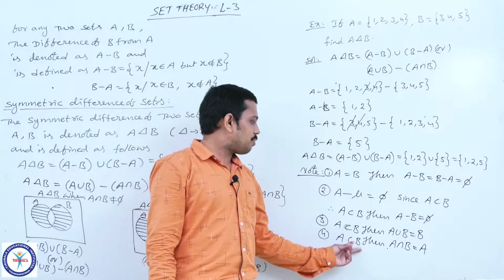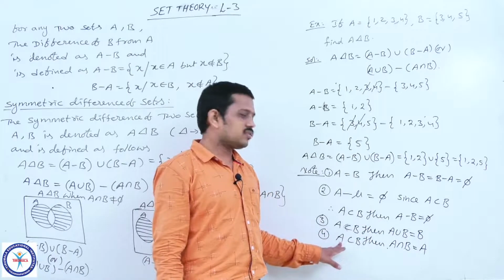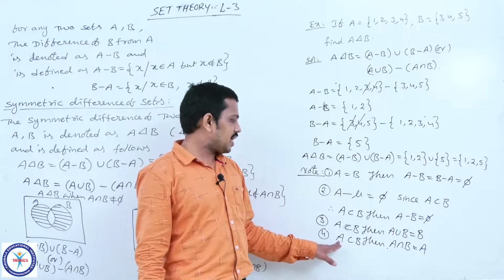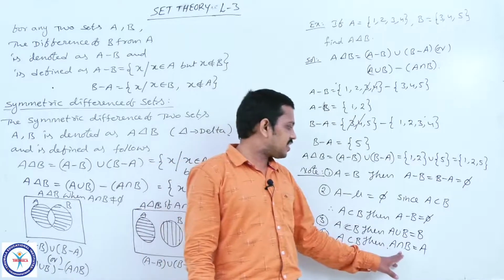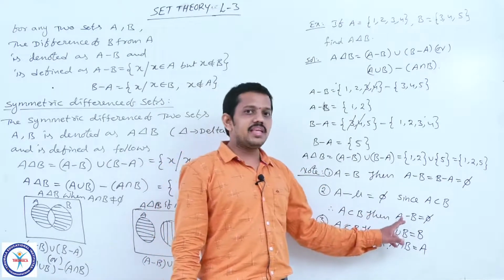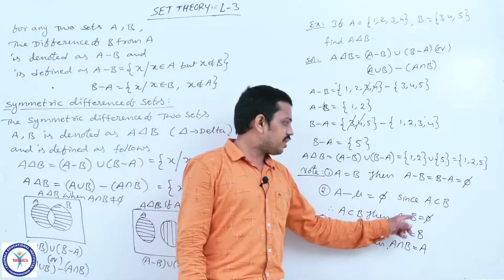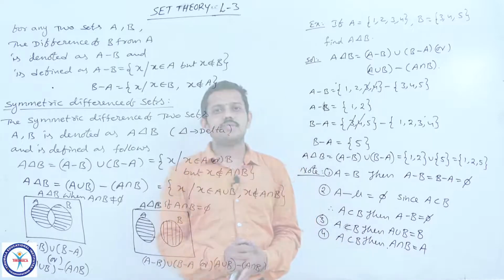Here A is the subset of B, so A intersection B is equal to A. If A is a subset of B, then A minus B is equal to phi. Students, remember this, very very important.